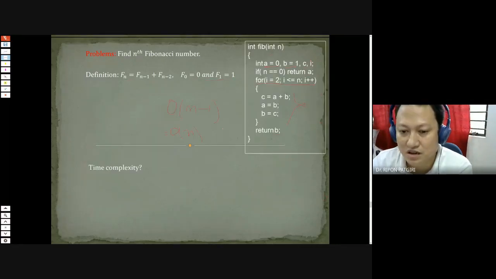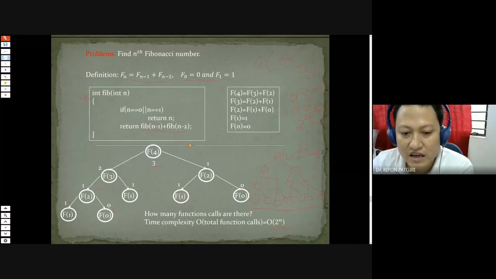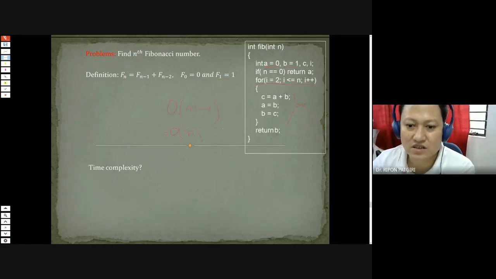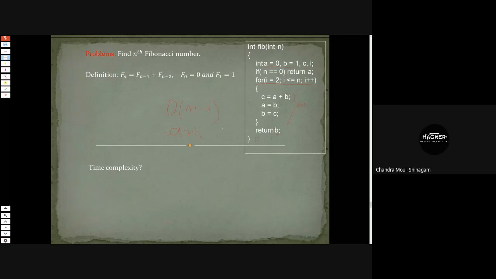Which one is faster? This is the iterative version, and the earlier one is the recursive version. So is the recursive version faster, or the iterative version? Iterative, sir.